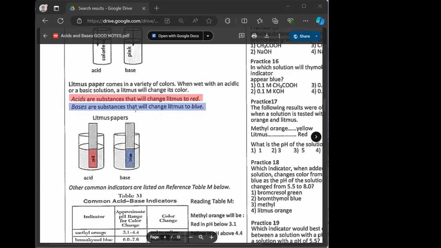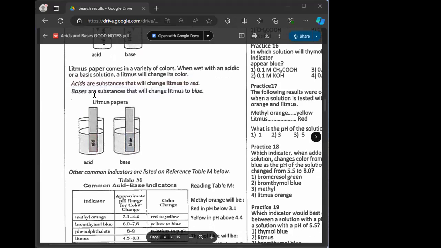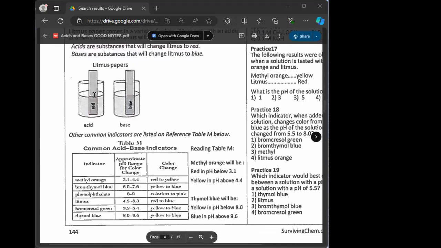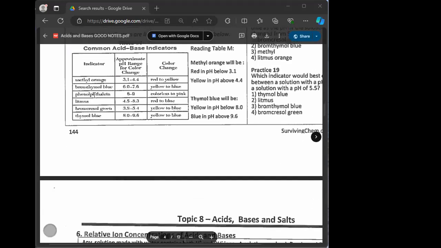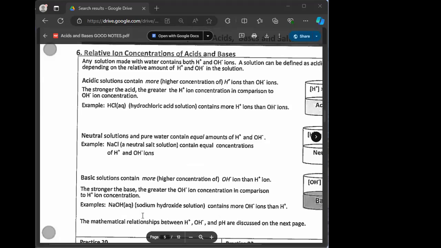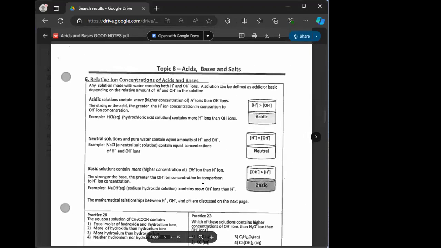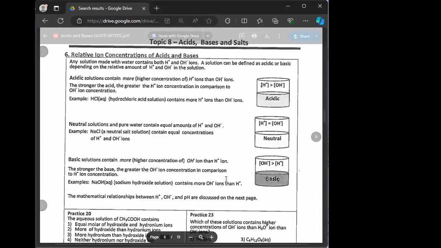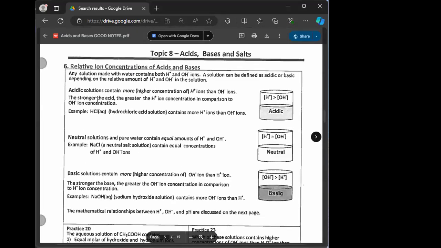Okay, that's it for pH indicators. We don't need to know about any others other than phenolphthalein and litmus paper.